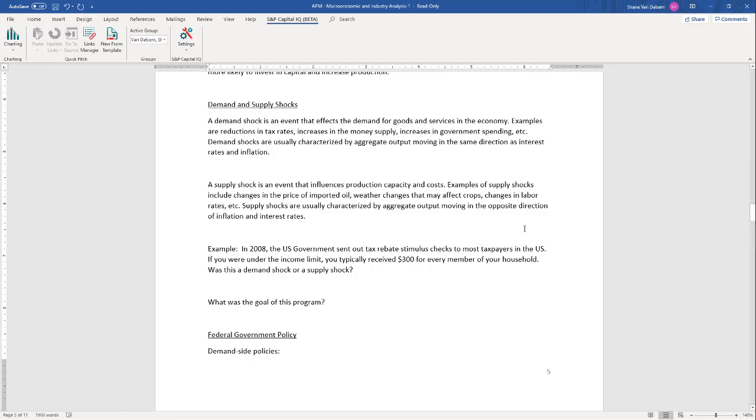And so the desired economic activity that came out of that really didn't materialize. So was this a demand shock or a supply shock? It was a demand shock. The goal of the program was to increase the demand for goods and services by providing liquidity to consumers.